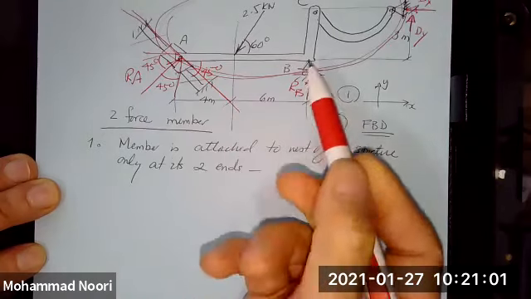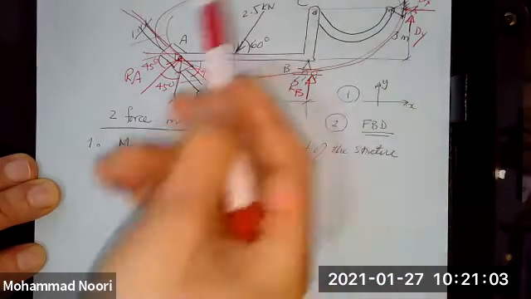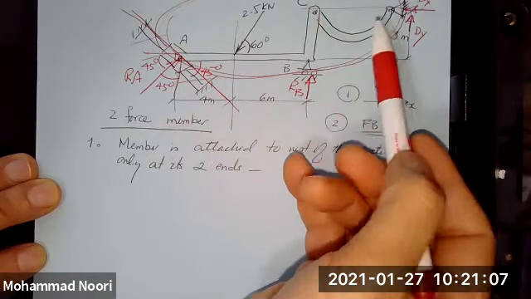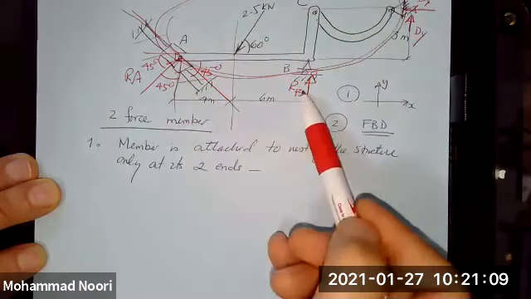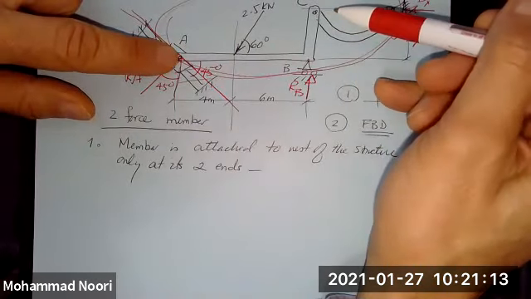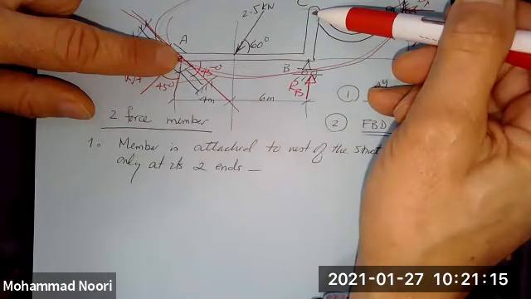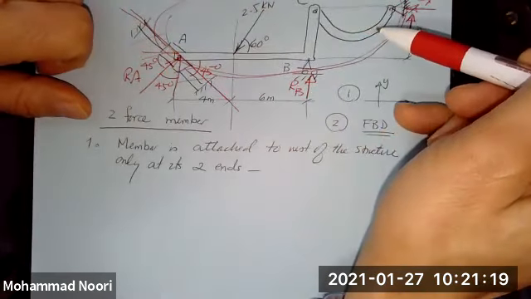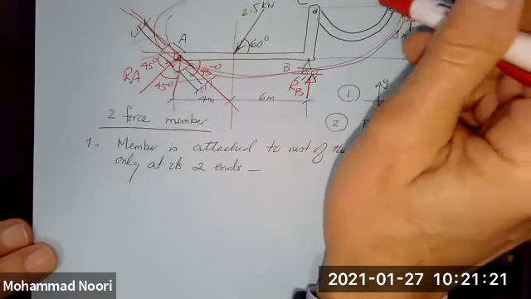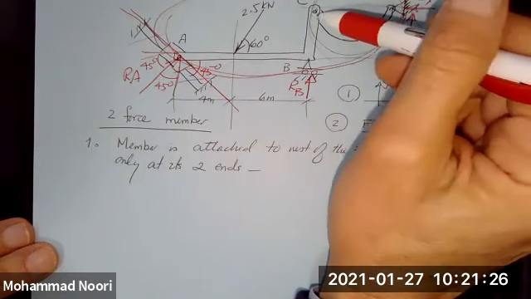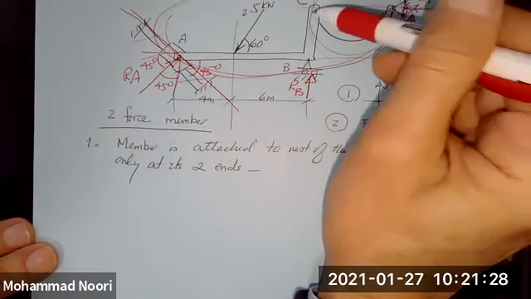If you look at this structure is made of two members, this piece and this piece. If you look at this piece, right, it is connected to the rest of the structure, not here, but you also have a support here, support here. But you look at this piece, it is only attached to the structure at its two ends.